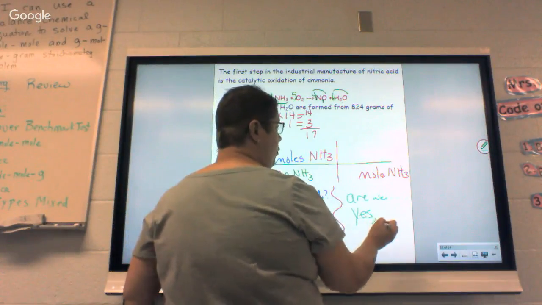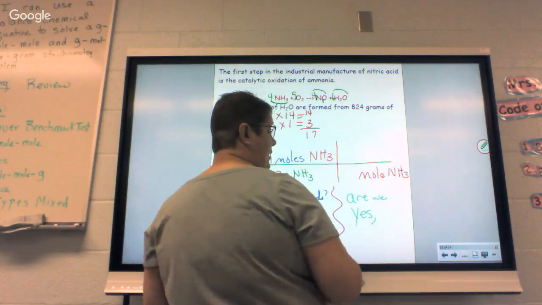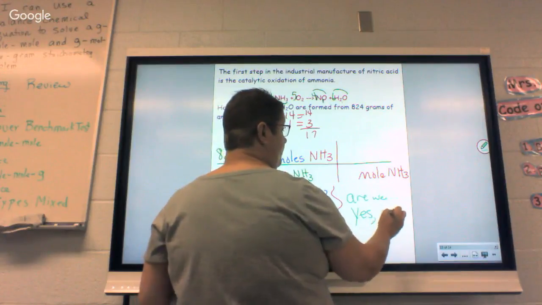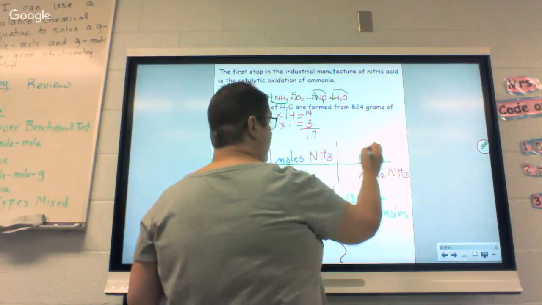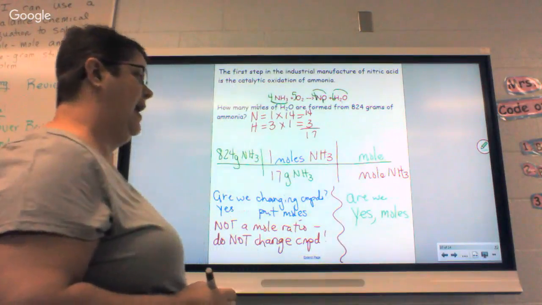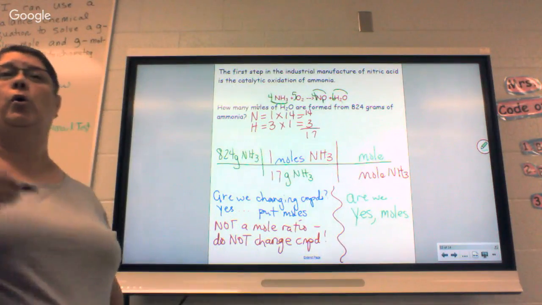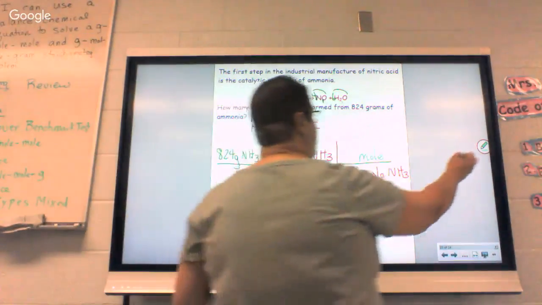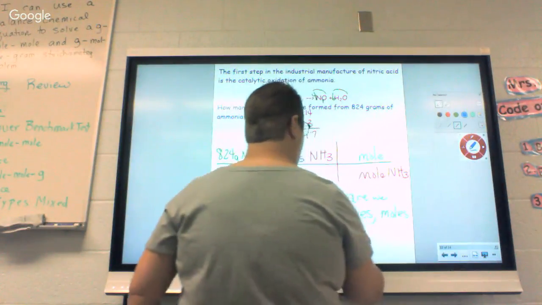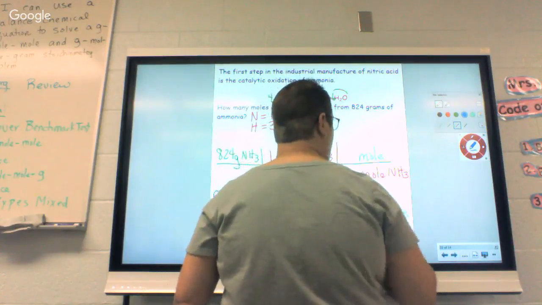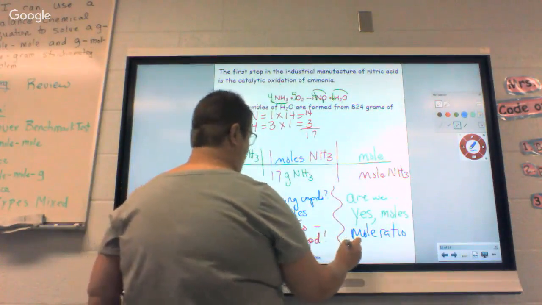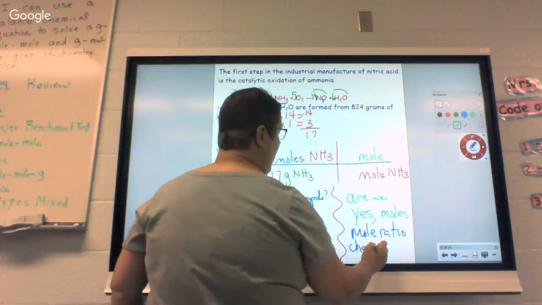So, what do you have to do if you answer yes? You gotta put moles on the top again. Now, what do you recognize that as if you got a mole over a mole? That's your mole ratio. So, if that's your mole ratio, what do you do? Now you're going to change the compound.